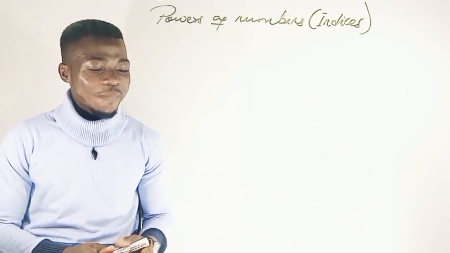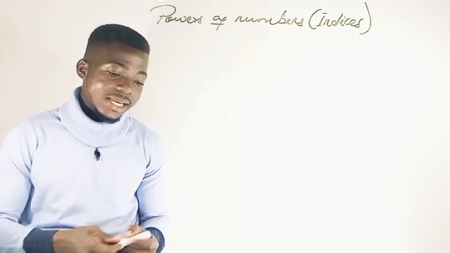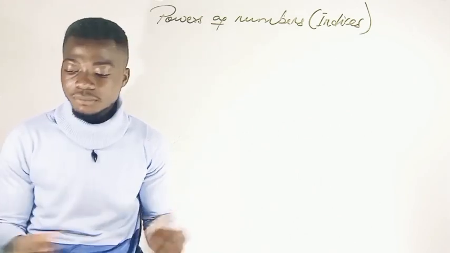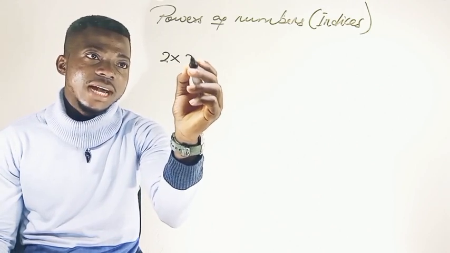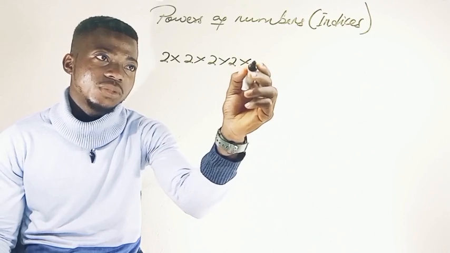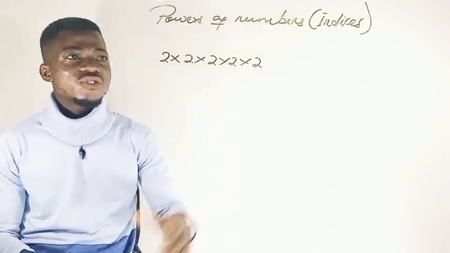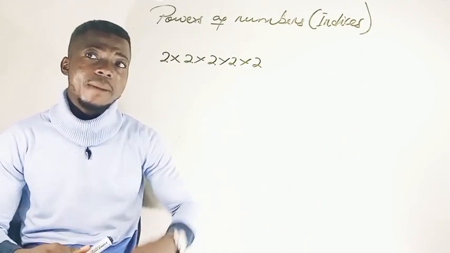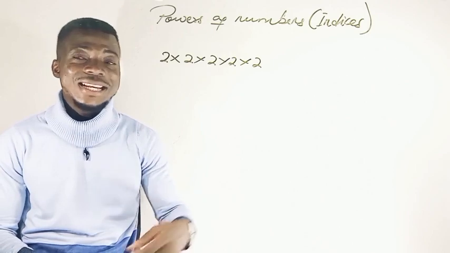All right, so we're talking about powers of numbers. A number can be written repeatedly like this: 2 times 2 times 2 times 2 times 2. To save yourself the stress of writing the same number repeatedly, we can simplify everything by writing it in index form.